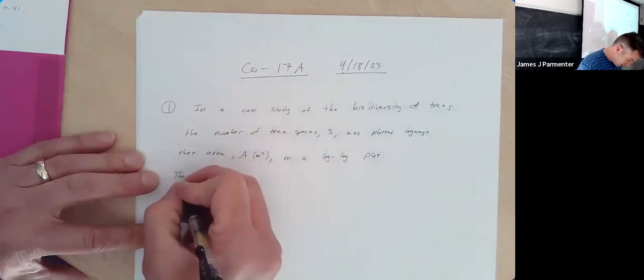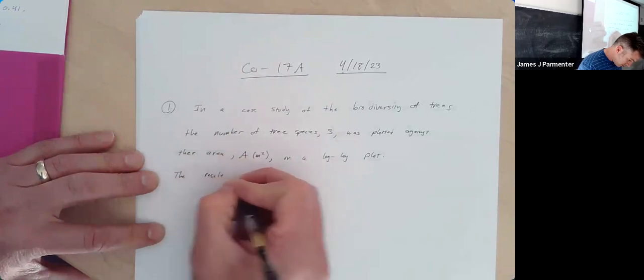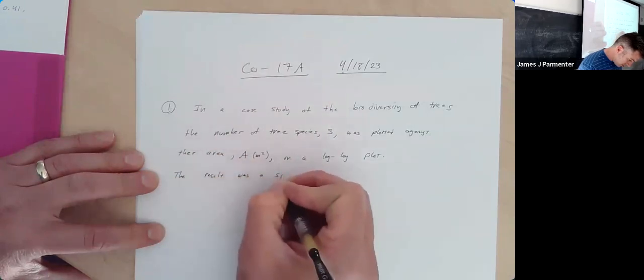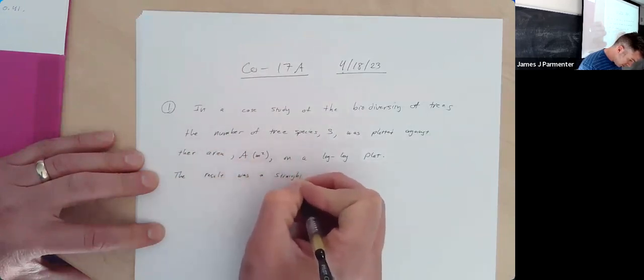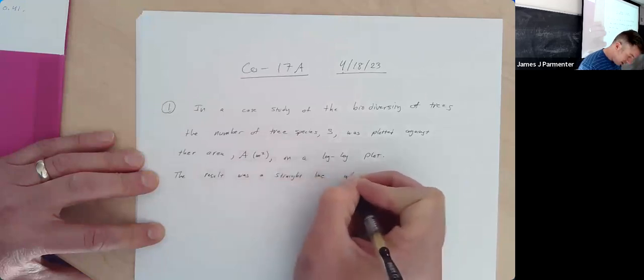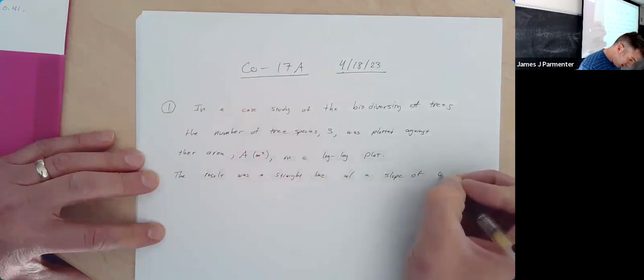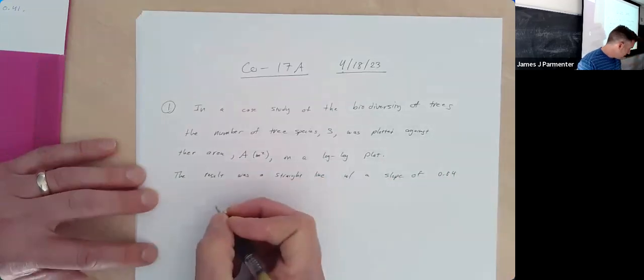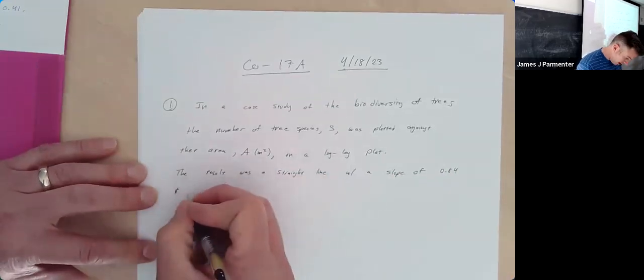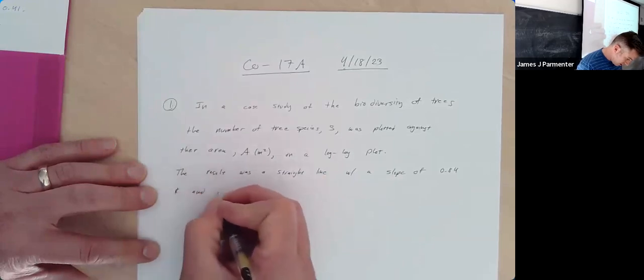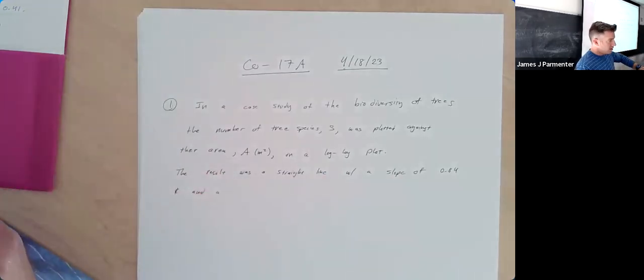The result was a straight line with a slope of 0.84 and a vertical axis intercept. Notice they don't say y-intercept. The reason they don't say y-intercept is because it's not necessarily the y-intercept, it might be the log of y.